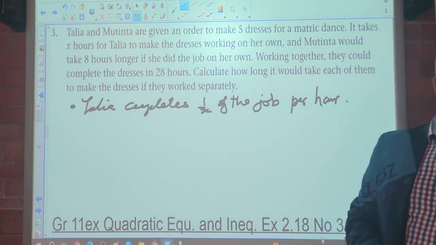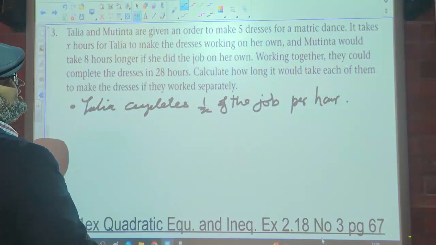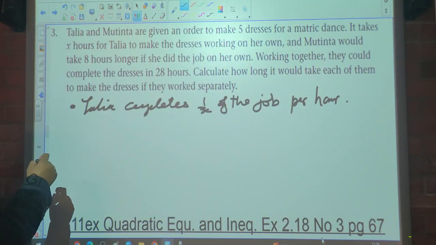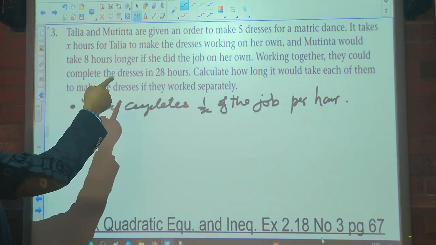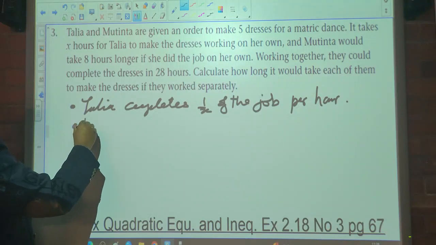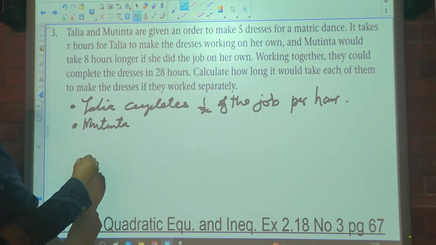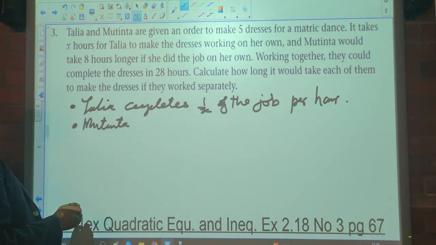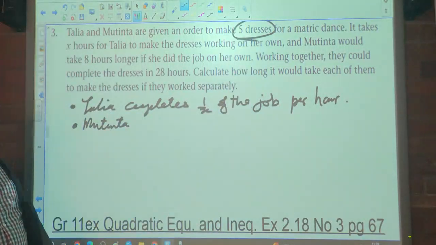Not so. And Mutinta, am I saying it right? Mutinta would take 8 hours longer if she did the job on her own. So what would that be? Does it take Talia X amount of hours to make 1 dress or 5? That's why I said the job. The job is 5 dresses.